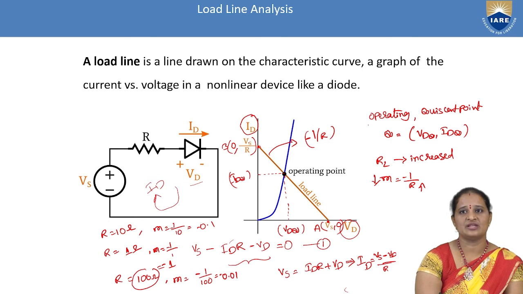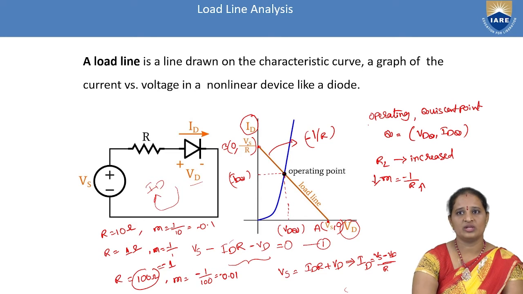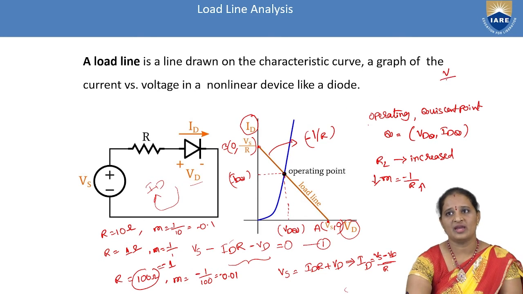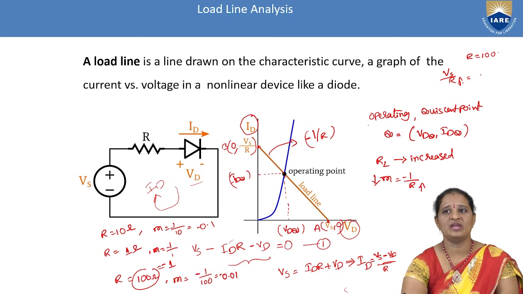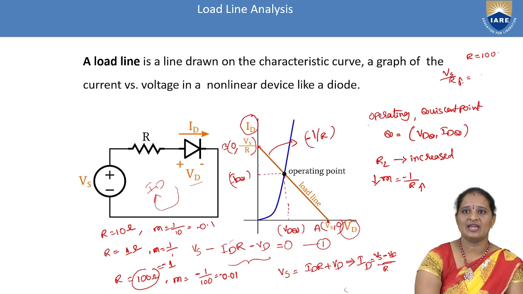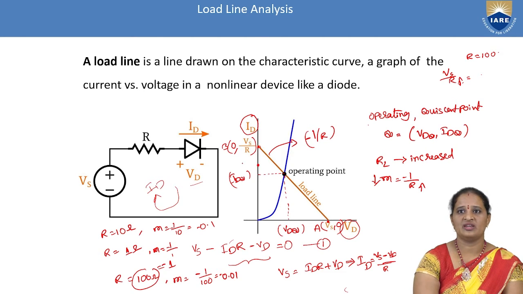What about Vs by R? Its value will also be reduced because I have considered R equal to 100, so the denominator is increased. So this value will be reduced, and I'll get the point somewhere here.